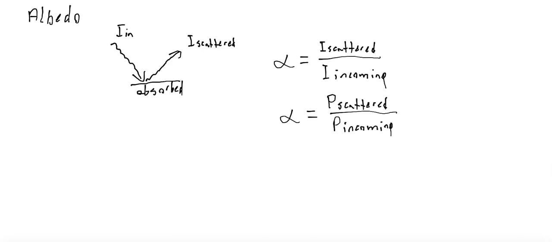So practically, albedo is a number between 0 and 1. If albedo is equal to 0, it means that all radiation is absorbed and nothing is scattered. If albedo is equal to 1, it means that we have a perfect reflector, all radiation is reflected and nothing is absorbed. Okay? And what is important in this topic?